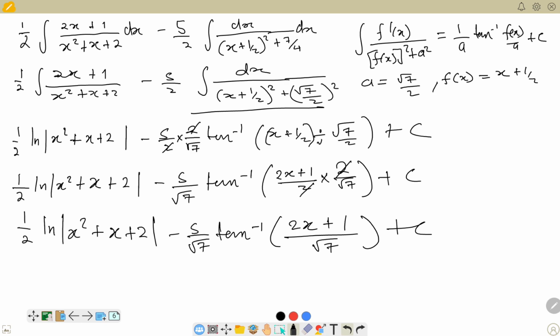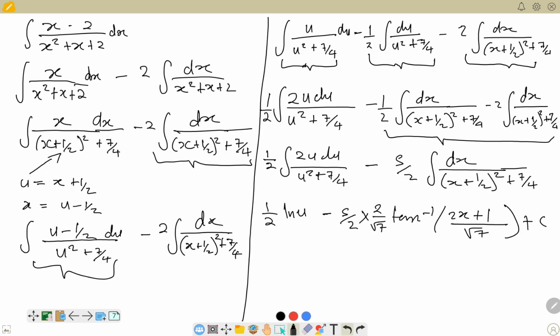We don't want to waste a lot of pages. It is the same thing that we're having this side. So this 2 and this 2. Then we have 1 over 2 ln u squared plus 7 over 4 minus 5 over square root 7 arctan 2x plus 1 over square root 7 plus c.